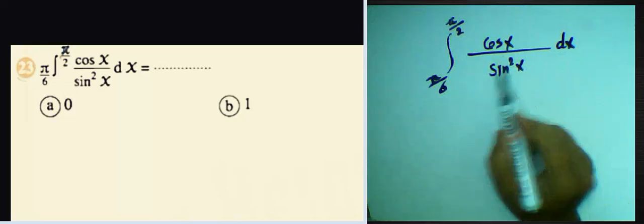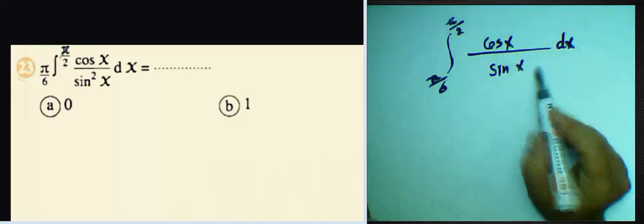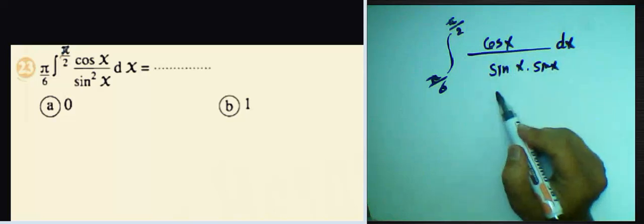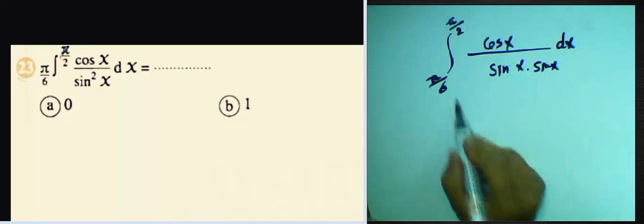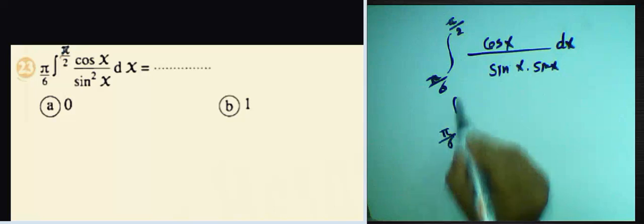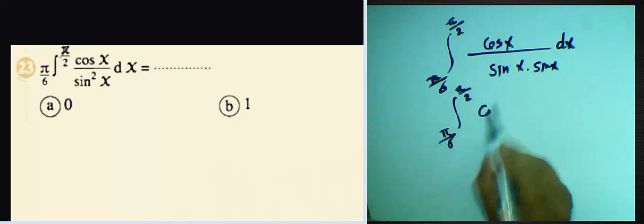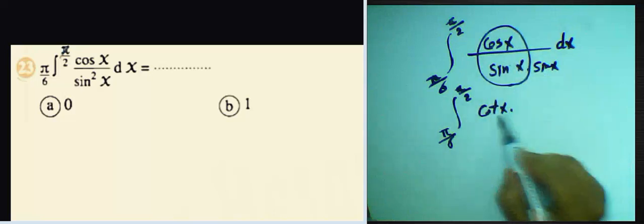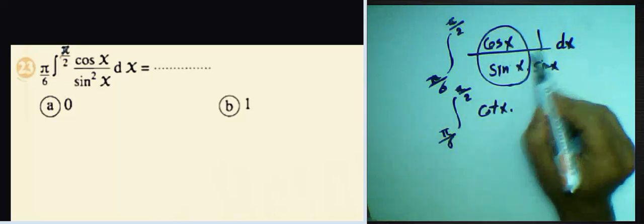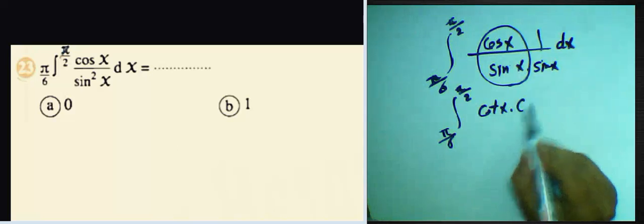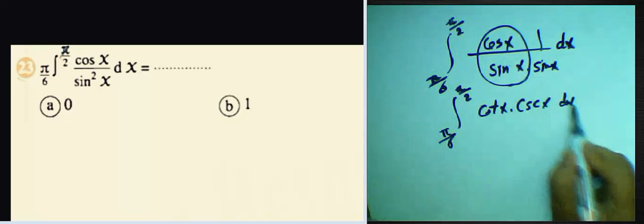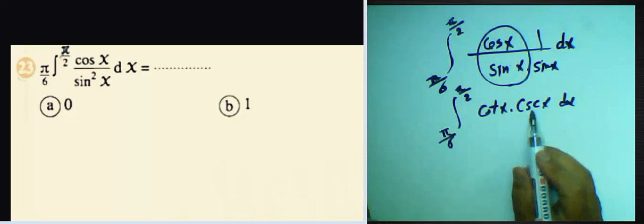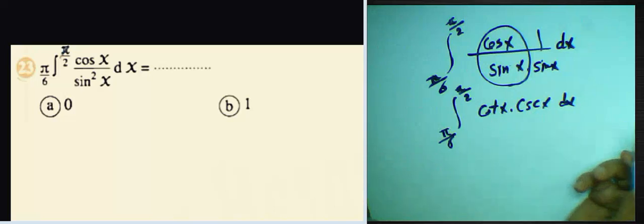We know sine squared can be written as sine x times sine x, and cosine over sine will be cotangent. Then write the integral from pi over 6 to pi over 2 of cotan x times 1 over sine, which is cosecant, dx. The integration of cosec cotan will be negative cosec.